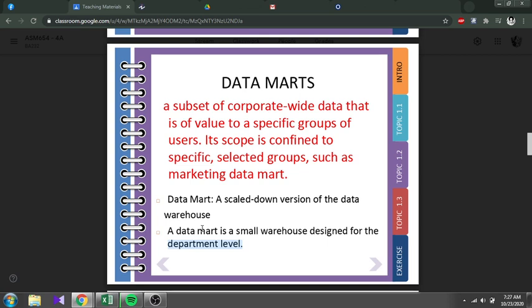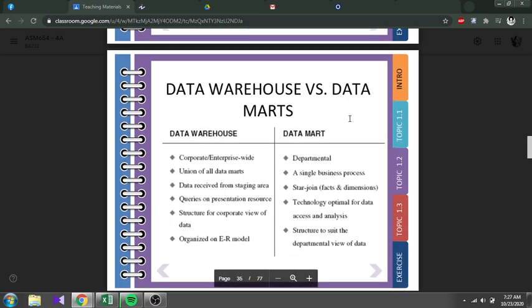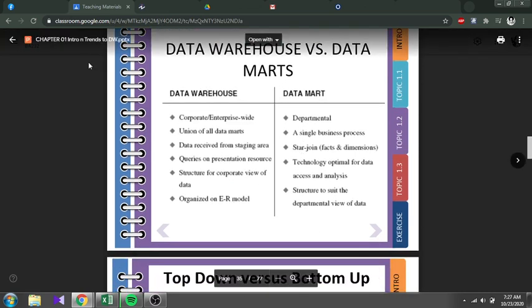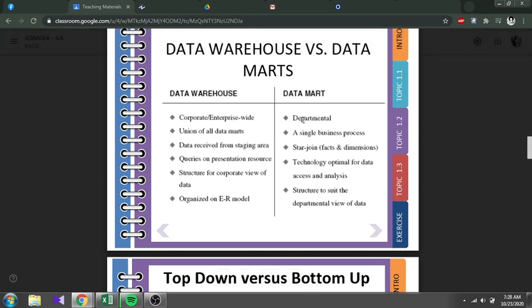If for the finance, they look on the salary, something like that. Okay, so it's different. So data warehouse versus data marts. Okay, as you can see, data warehouse is big punya part, bigger picture, and data mart is on the specific department. So the scope, this one is corporate enterprise-wide, and then this one is departmental lah.